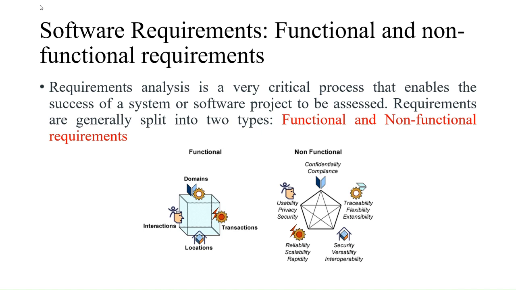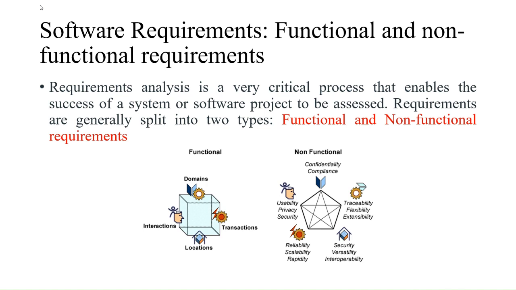Requirements are nothing but what the process should be, how the development should be, and what the ways are to develop a software or a project. Requirements analysis is a very critical process that enables the success of a system or software project to be assessed. For the success of the software or the project, we need the requirements.